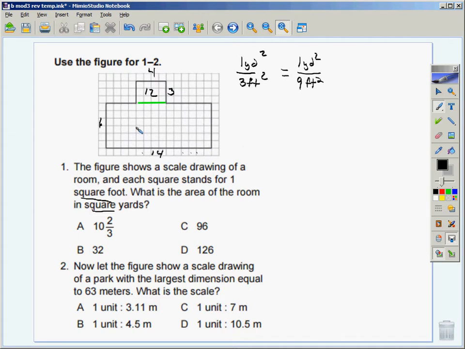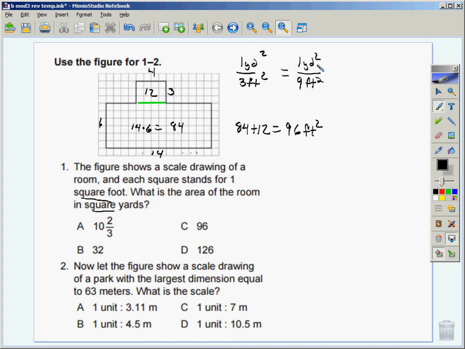So I would have taken 14 times 6. This would have been 84. The 84 plus the 12 would have been a total of 96 feet squared.